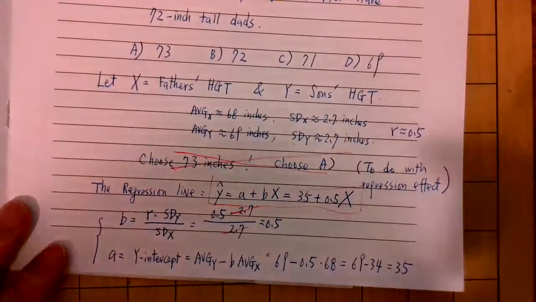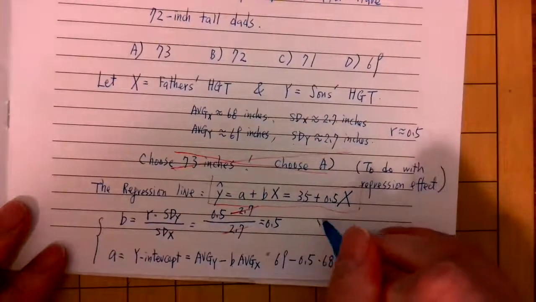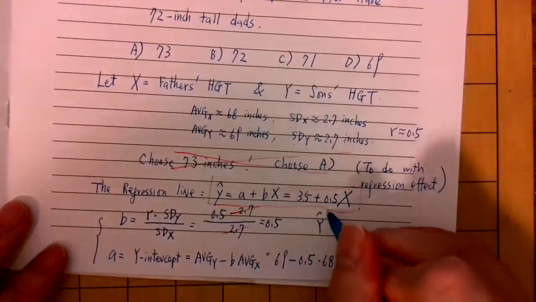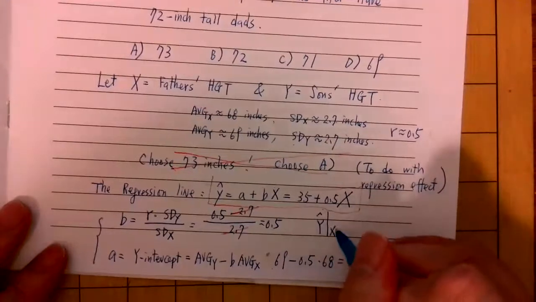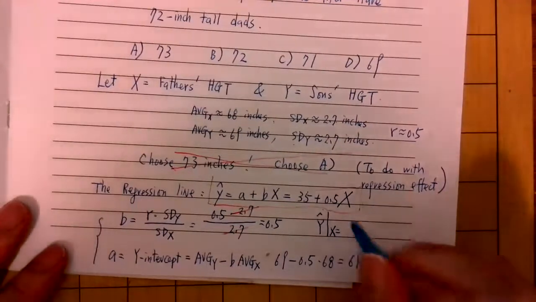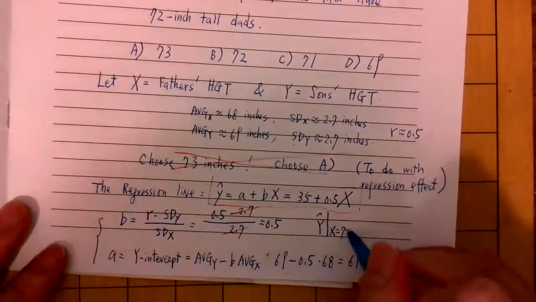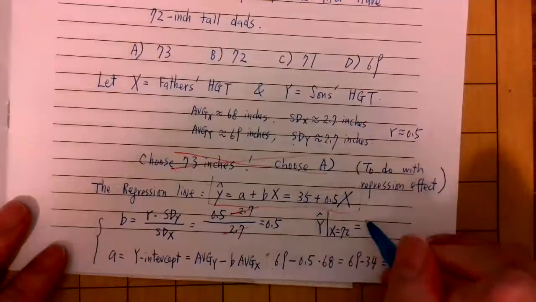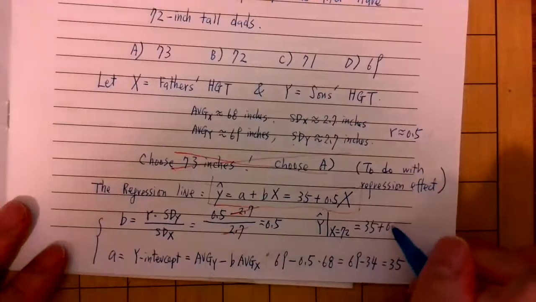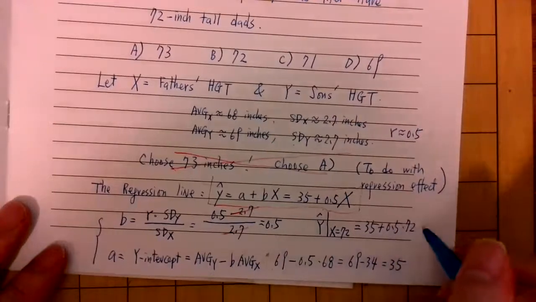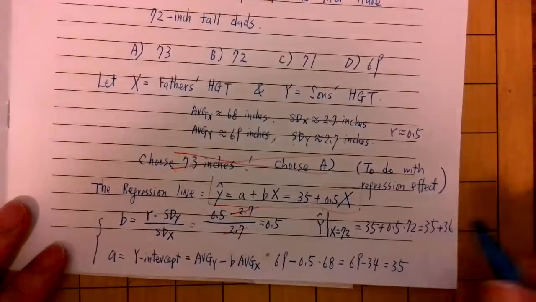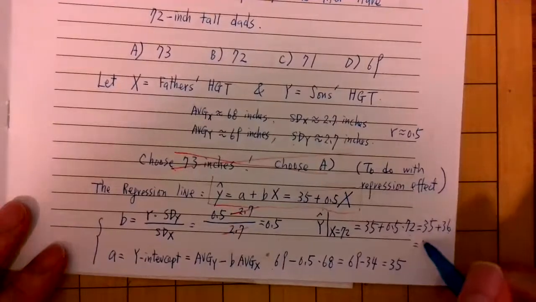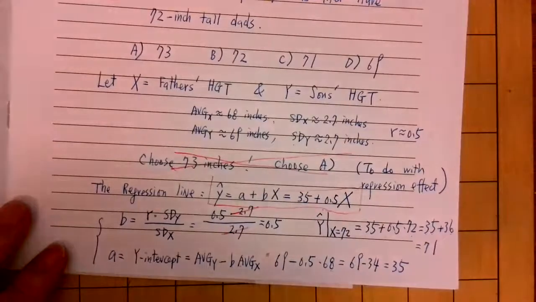So let's see. Now I want to predict Y, the height of sons whose father is 72 inches tall. So you plug in the number. This is 35 plus 0.5 times 72. What is 0.5 times 72? That's 36. So 35 plus 36 is 71. That's 71 inches tall.